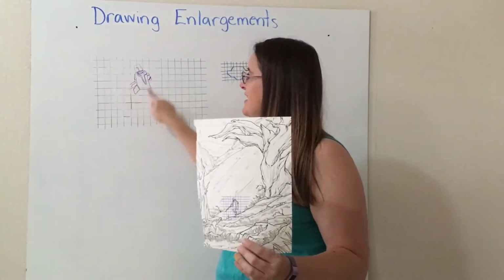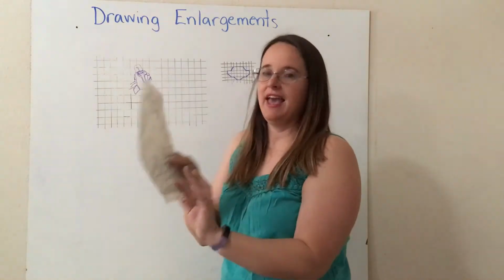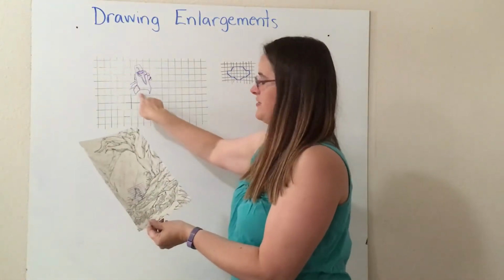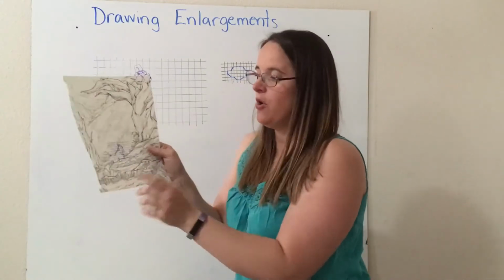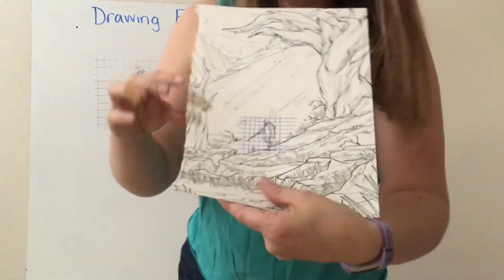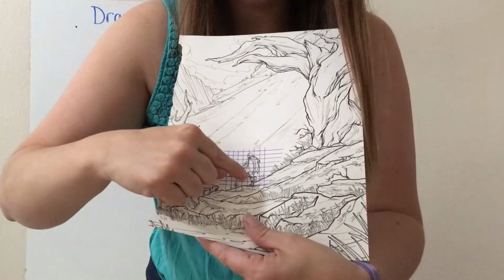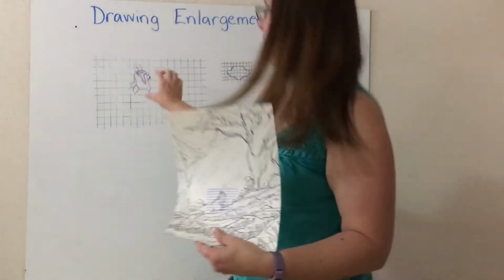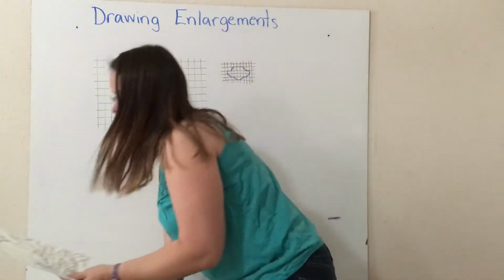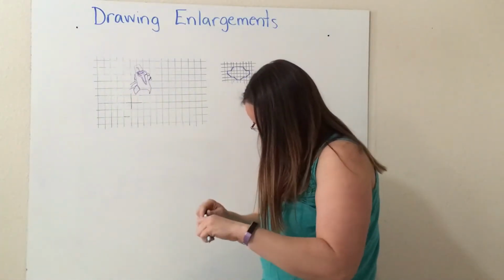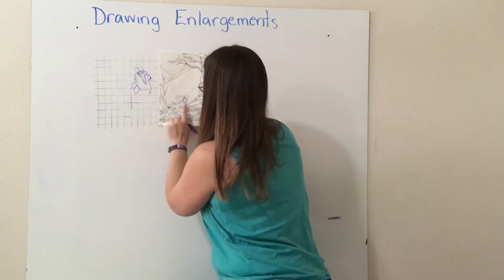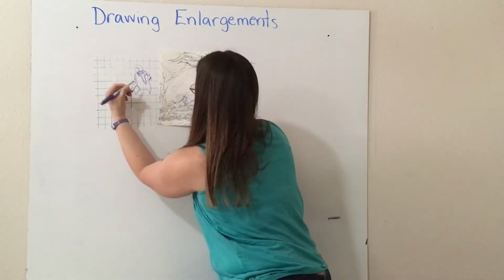I've got his head, I've got kind of his cape, and I'm gonna show you with his leg right under here how I continue. So what we want to do is we want to look at one box at a time and draw that box on a bigger grid. So I've got my marker here. I'm going to look at the box right here with this little bit of his cape, and then his leg is coming down.